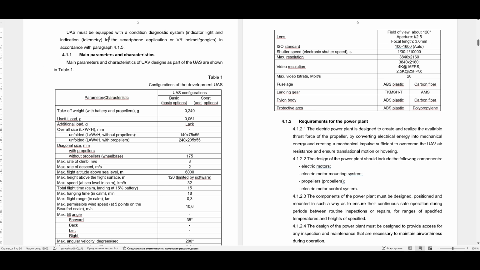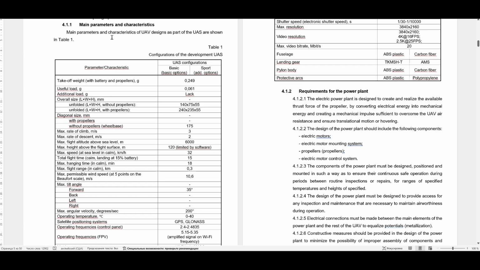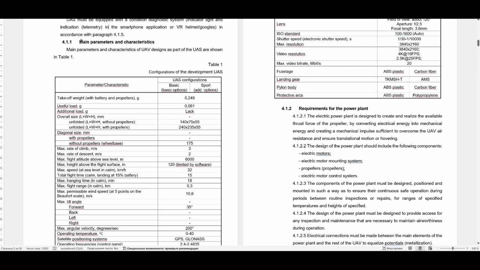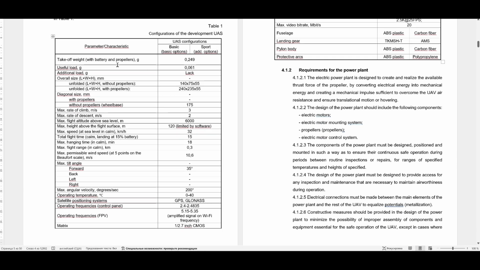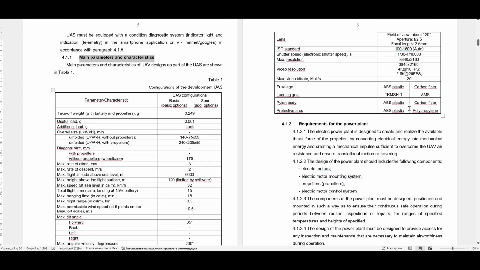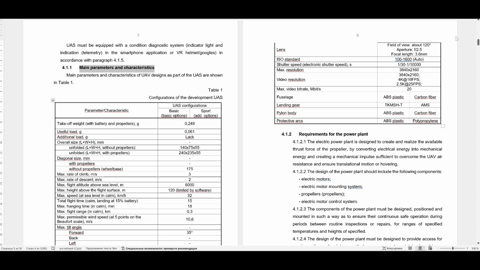To fill subsection 4.1.1 of the technical assignment, basic parameters and characteristics, we use information from the analytic table we formed at stage 4, in particular the section general characteristics of the unmanned aircraft system of the analytic table already mentioned above.